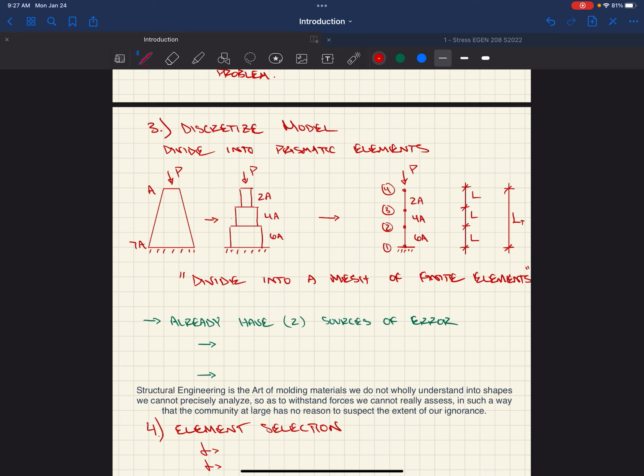Any ideas, through this process, where we might find error? We started at the real world, then our model, and then discretizing our model. In these steps, where might we find error, just globally, think big picture. 2 of these steps create error.